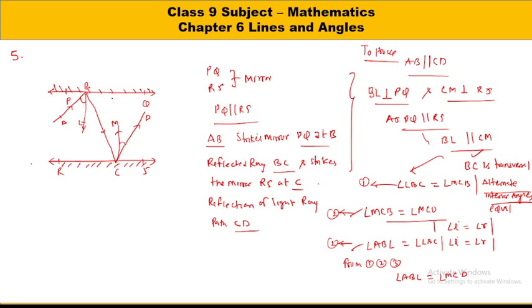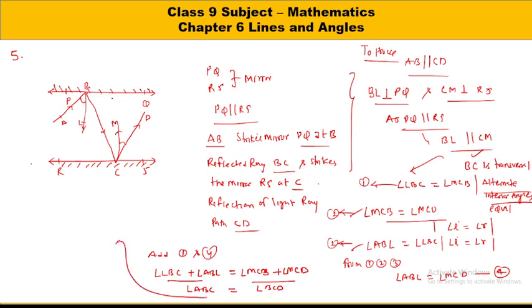Now if we add 1 and 4, consider this one as 4. So if I add here, angle LBC plus angle ABL is equal to angle MCB plus angle MCD. If these two angles are added, we get angle ABC is equal to, if we add together, angle BCD. So these two angles are equal.